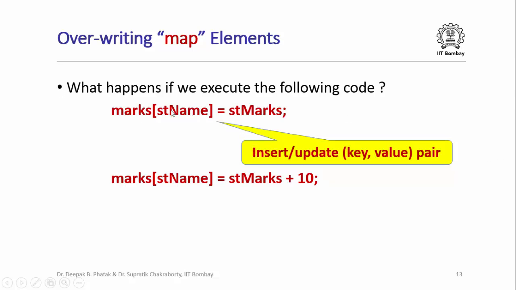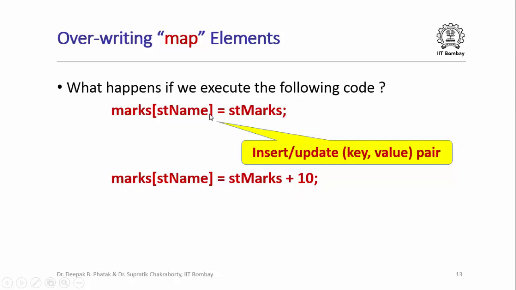If such a key value pair with key matching stName did not exist, then I will insert a new key value pair with the key being stName and the value being stMarks. Or if a key value pair already existed with key matching stName, then I'm going to update the value of that pair with stMarks. So this statement is either going to create a new key value pair or it's going to update an existing key value pair.